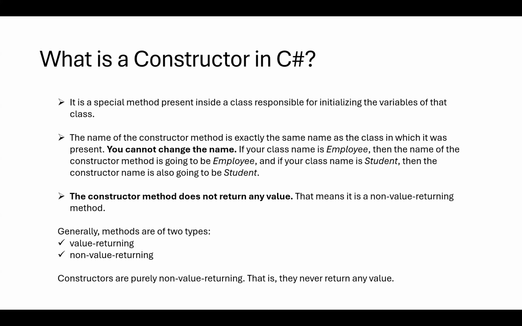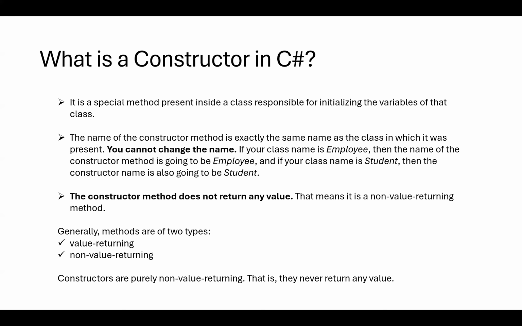The name of the constructor must be the same as the class. You cannot change the name, so you cannot create class Dog and create a constructor with a different name. It's not correct. The name must be the same.